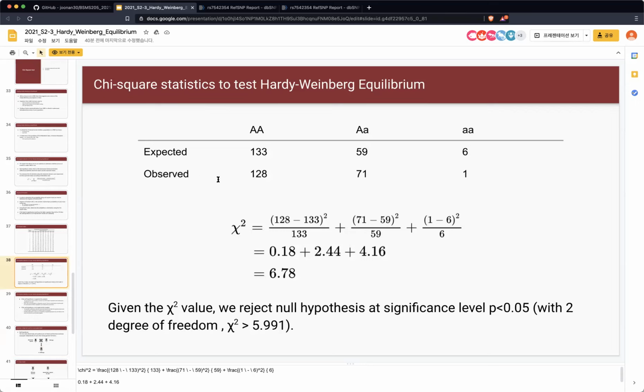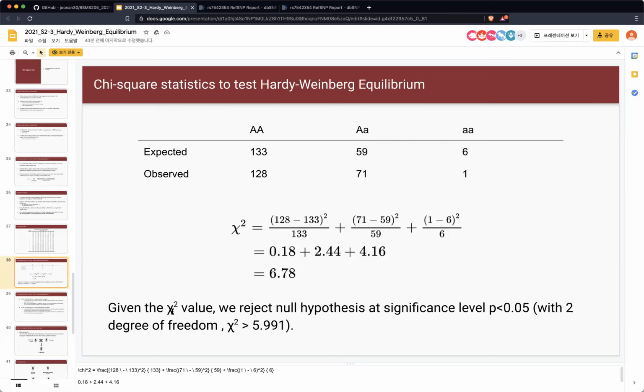Then your observation is 108, 71, and 1. And then you can easily calculate the differences between observation and expectation, observation versus expectation, for each. Then you calculate the numbers, and your chi-square statistic is equal to 6.78, right?